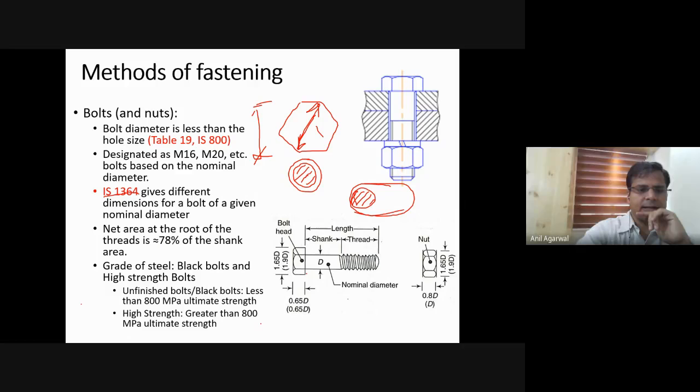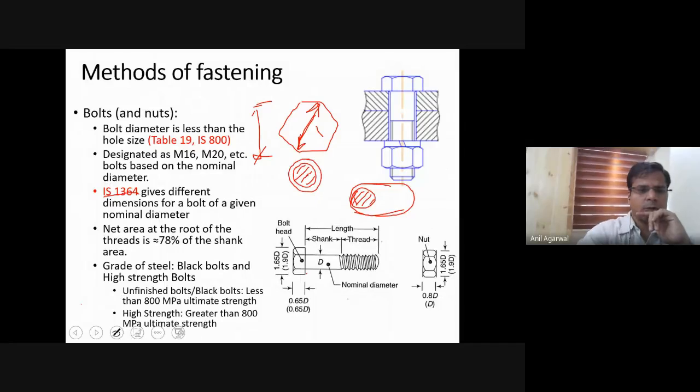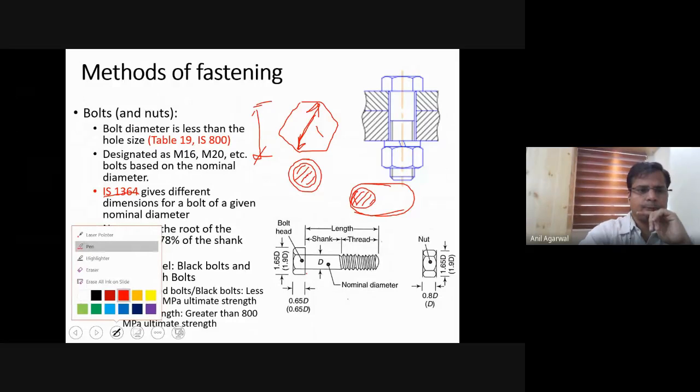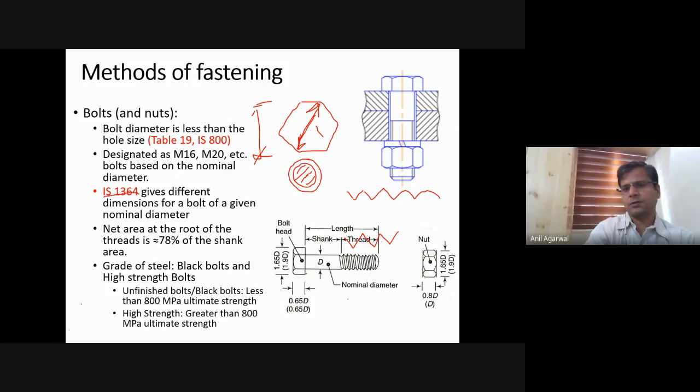So the net cross section area, if this is how the threads are, then the other set of threads on the other side are like this, and this is how you are connecting them. Okay, so this cross-section area is the net area, right?